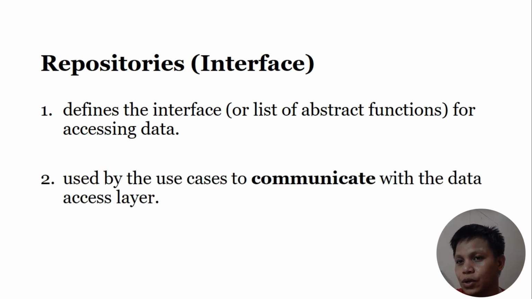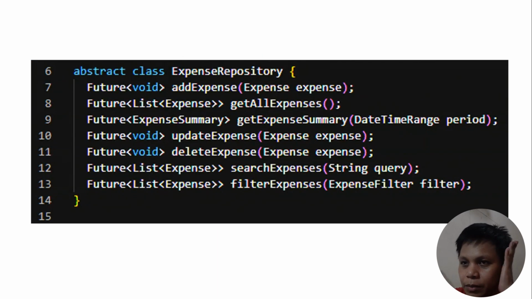And then this repository is used by the use case to communicate with the data access layer. Now, ito lang naman yung ibig kong sabihin when we say list of abstract functions. Diba, typically in a function, after defining its name, its parameters, and its return value, usually sa baba, the function has the specific instructions na kailangan niyang i-execute.